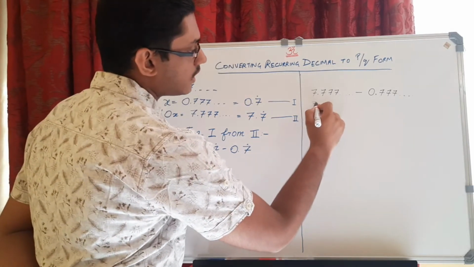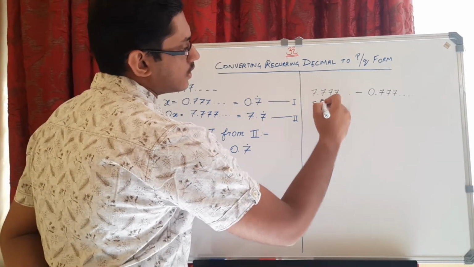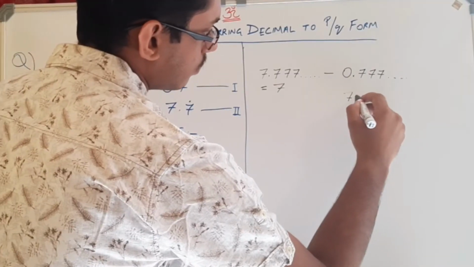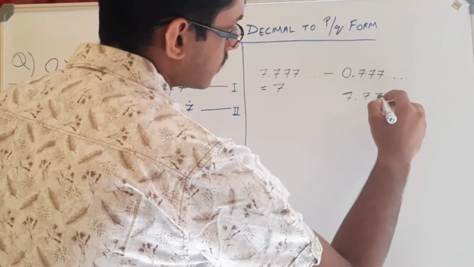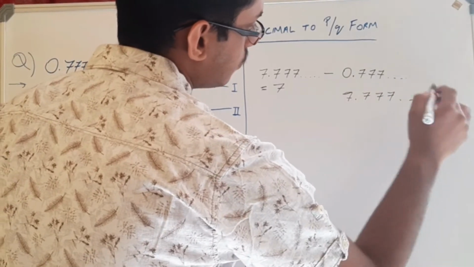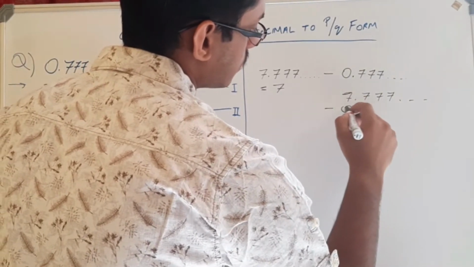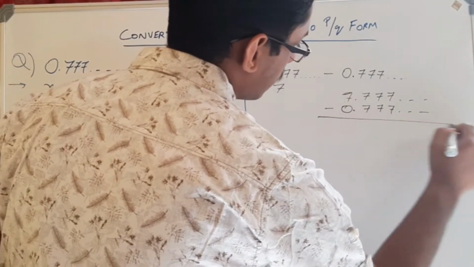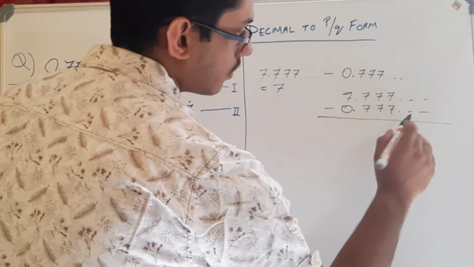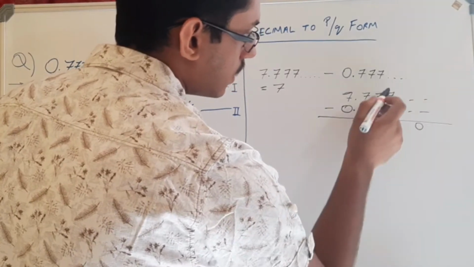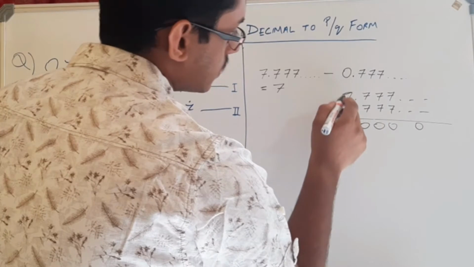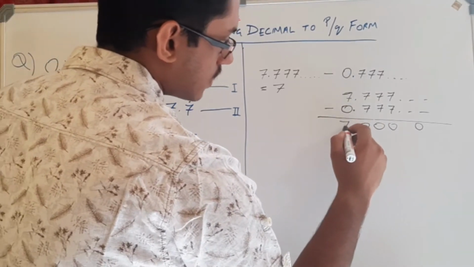So what will be the end result? 7 only. More properly, 7.777 continued minus 0.777 continued. What will be the answer? 7 minus 7, these continued parts will be 0. 7 minus 7 is 0, 0, 0. 7 minus 0 is 7.